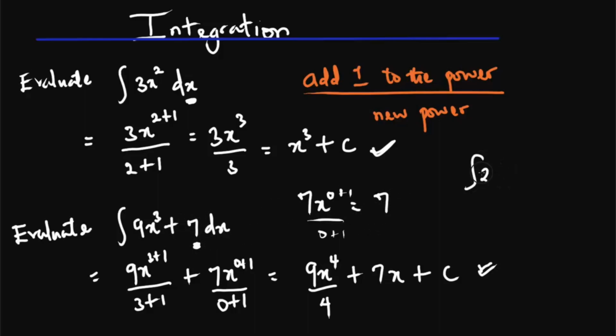If I'm integrating 20 with respect to x, my answer is simply going to be 20x. If I'm integrating 55 with respect to x, my answer is simply going to be 55x. So when you're integrating a constant, just multiply by the variable to which the integral is with respect to. Very, very simple.